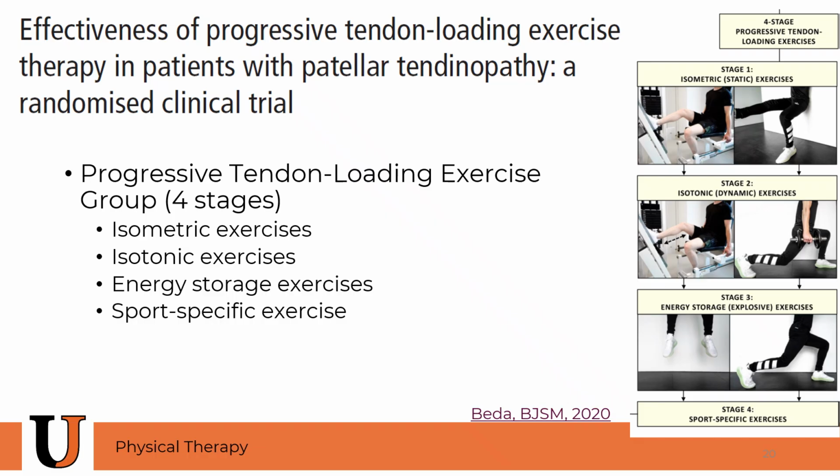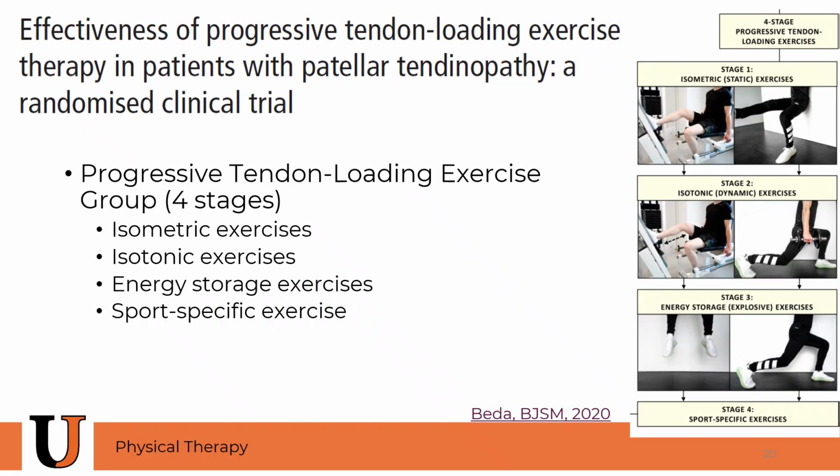After the isotonic exercises, you move on to stage 3, and that consisted of plyometric loading and running exercises on every third day, starting with 3 sets of 10 repetitions using both legs and slowly progressing to 6 sets of 10 reps using one leg. Isometric and isotonic exercises were continued on every first and every second day, respectively.